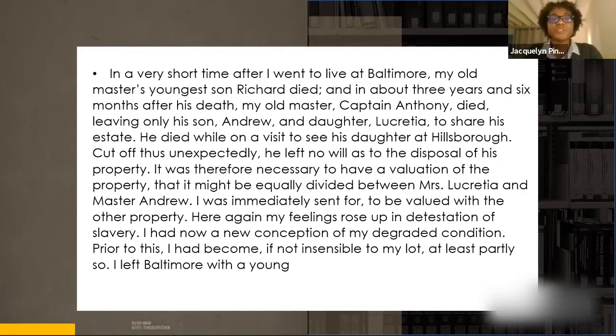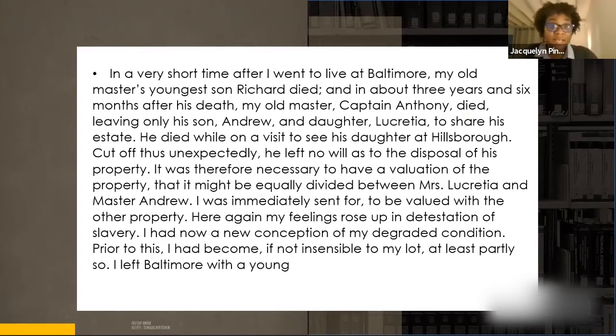"In a very short time after I went to live at Baltimore, my old master's youngest son, Richard, died. And in about 3 years and 6 months after his death, my old master, Captain Anthony, died." 2 deaths close together, leaving only his son Andrew and daughter Lucretia. Okay, 2 people left to share his estate.